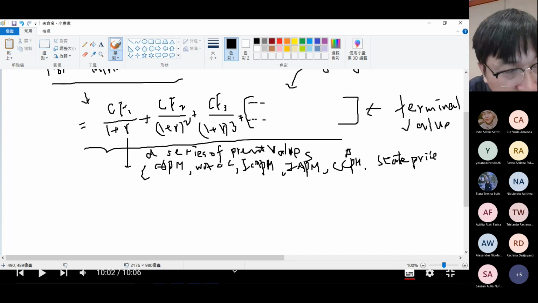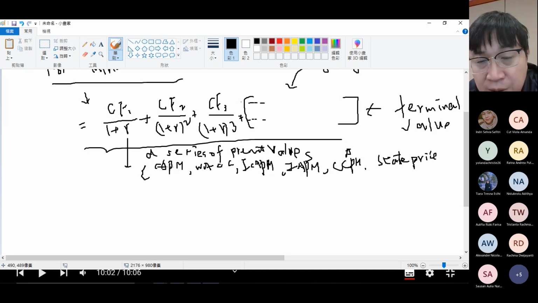So CAPM, the full name is the capital asset pricing model. The WACC is the weighted average cost of capital. ICAPM is the intertemporal capital asset pricing model. IAPM is the international asset pricing model. CCAPM is the consumption capital asset pricing model. State price, so we know this is either 1 and 0 or 0 and 1. That's your pure security.